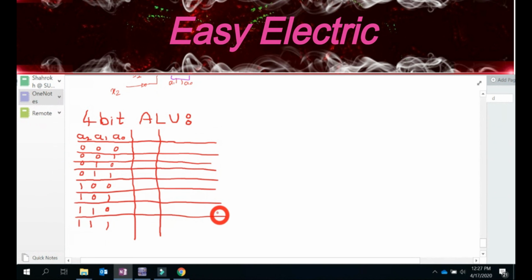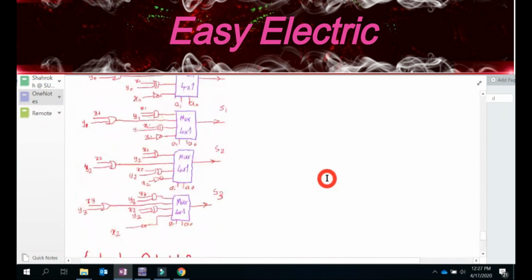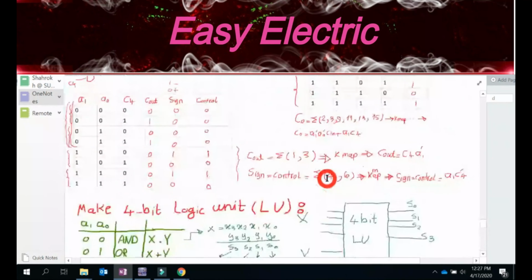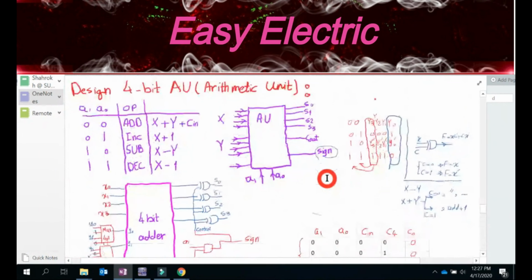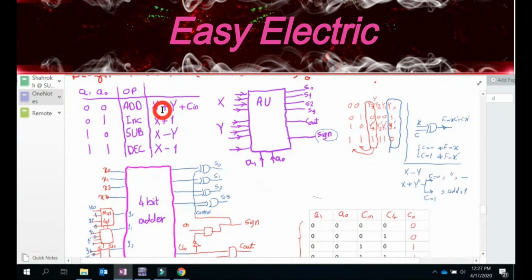See, you already designed the arithmetic unit. So back to this table that we designed. You want to do the same thing. I want to somehow merge these two units, the arithmetic unit and the logic unit, inside one module. I want one module which is able to do both jobs.